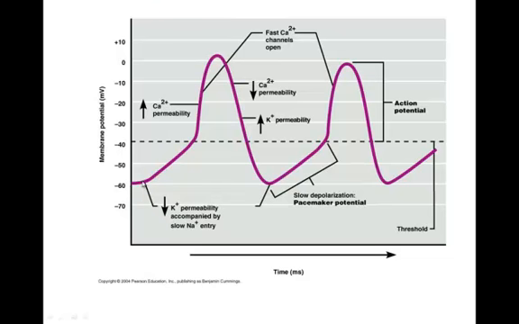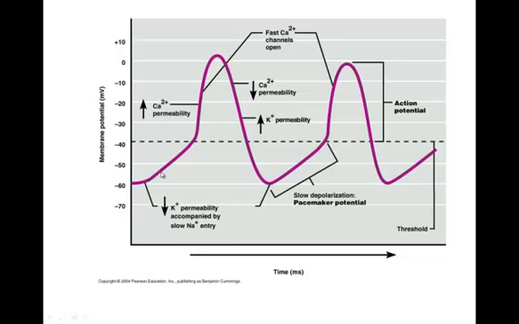This is totally different than what you just learned about. In this case, we're going to have sodium gates that open up. But these sodium gates are called slow voltage regulated sodium gates because they're very slow to open. And basically you can think of sodium just very slowly leaking into the cell.